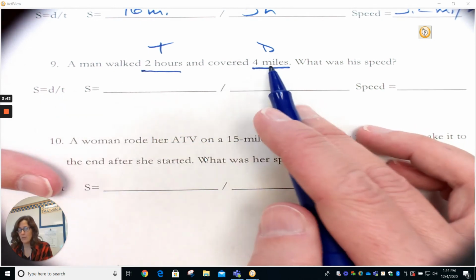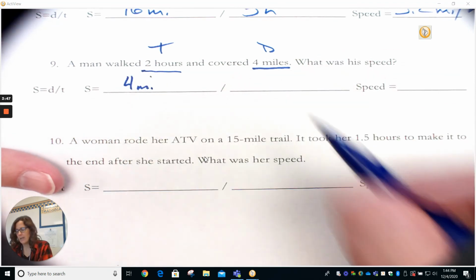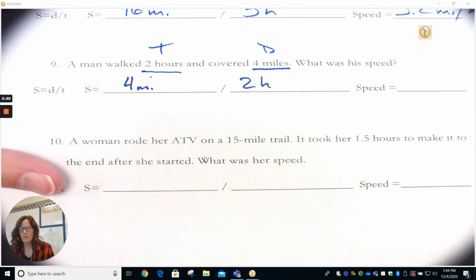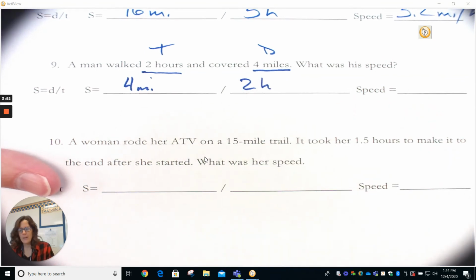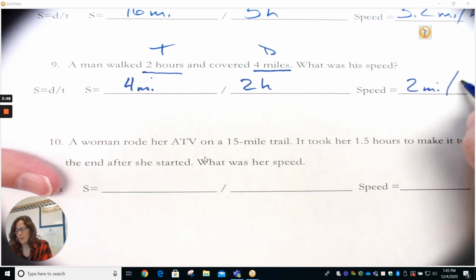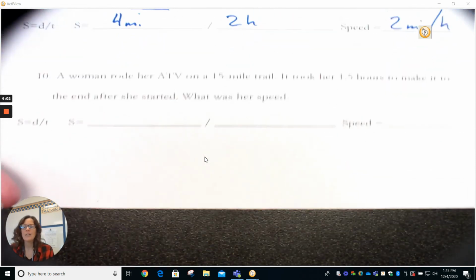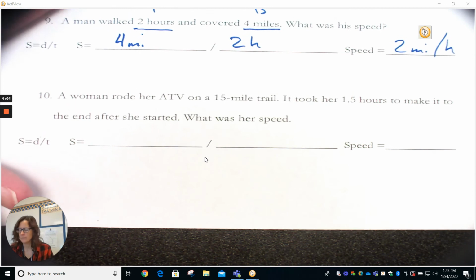So we need distance first. 4 miles divided by 2 hours. Okay? If we do that math, I bet you can do this one in your head too. 2 miles per hour. Okay? He's just kind of meandering along. He wasn't in no hurry, was he?